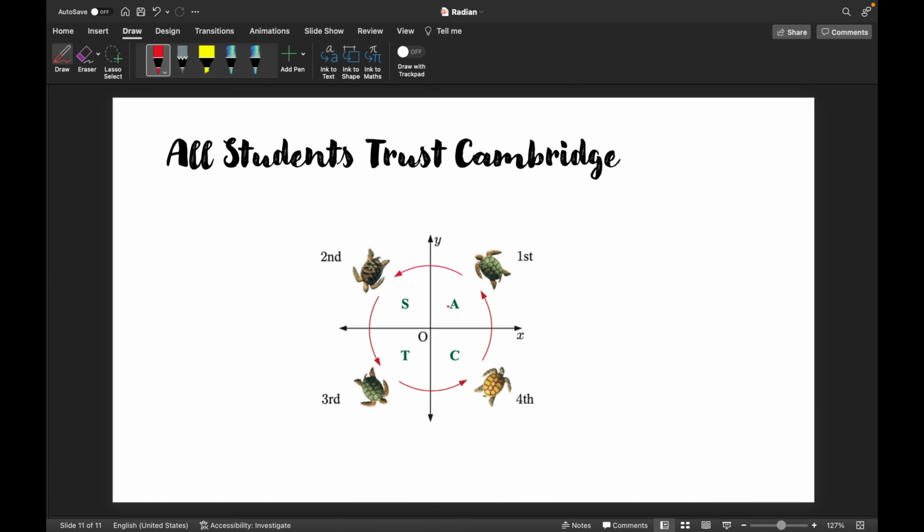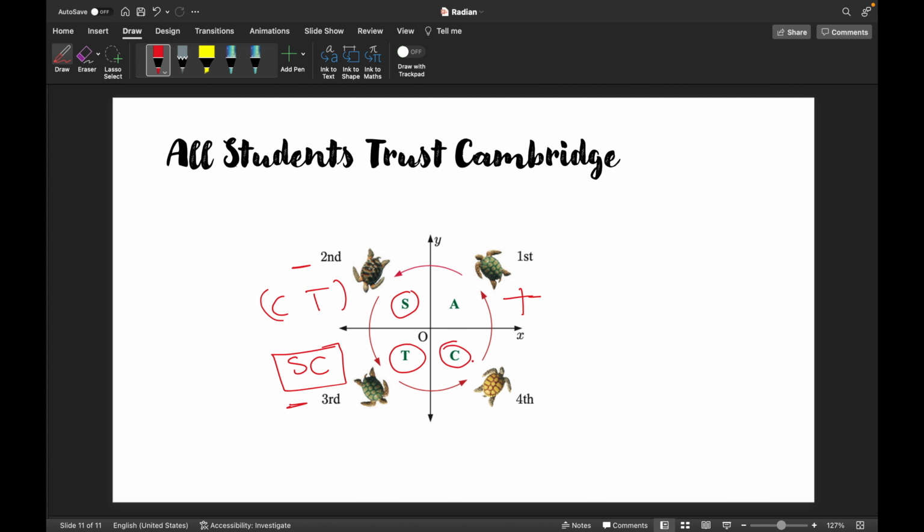So this means that all of the ratios, all of sine, tan, cosine will be positive in this quadrant. And in this, only sine is going to be positive, and cos and tan will be negative. In the third quadrant, tan is going to be positive, but sine and cosine are going to be negative.